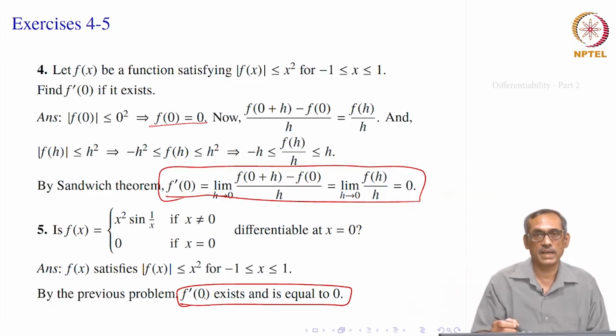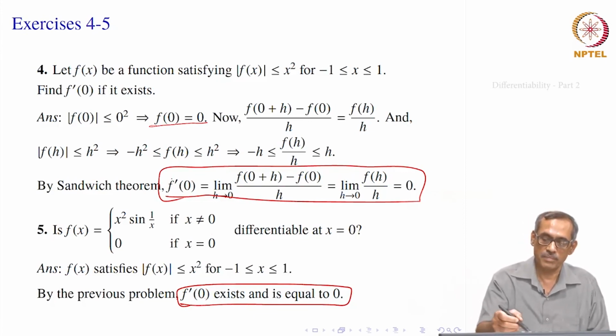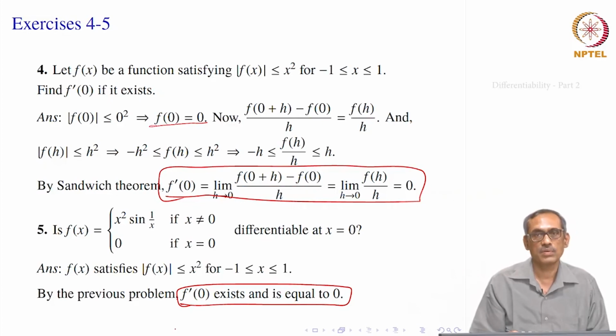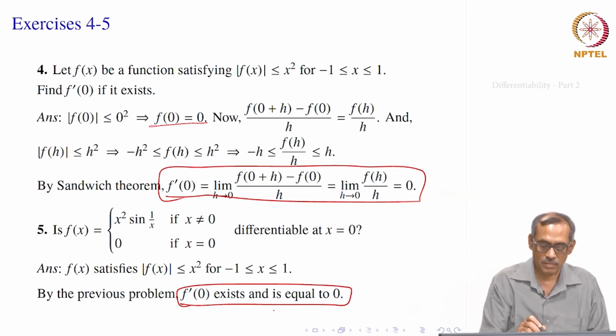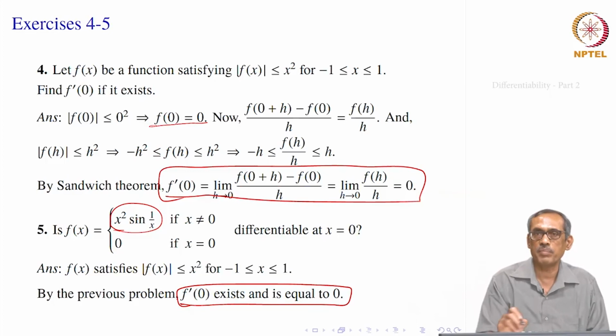Of course, you can do it directly, the same method will be used to compute this and find that f prime 0 equal to 0. But one matter of concern, since this is defined by a formula only for x not equal to 0, you can of course differentiate it at every point not equal to 0. That differentiation will give rise to some result.